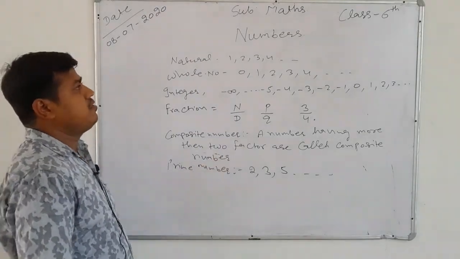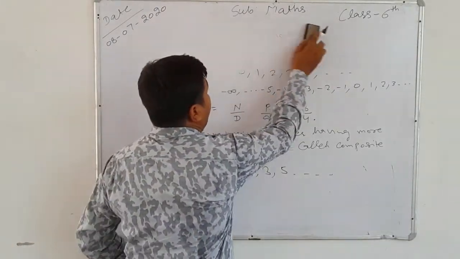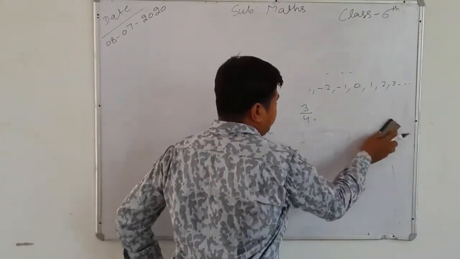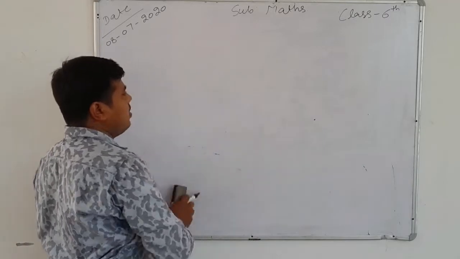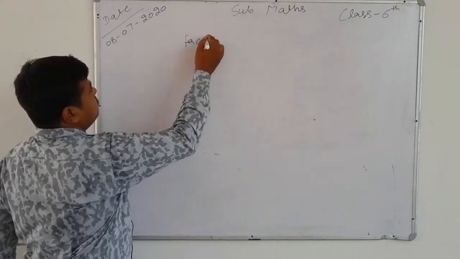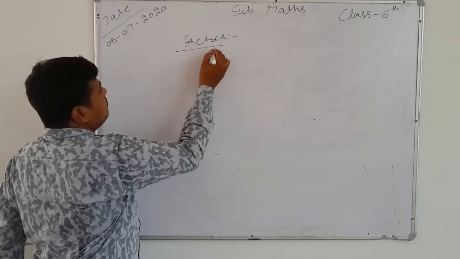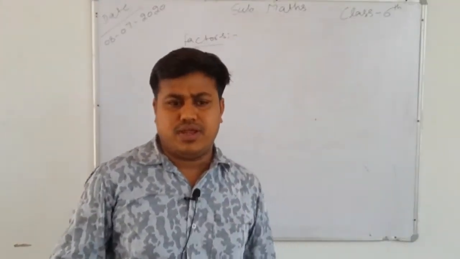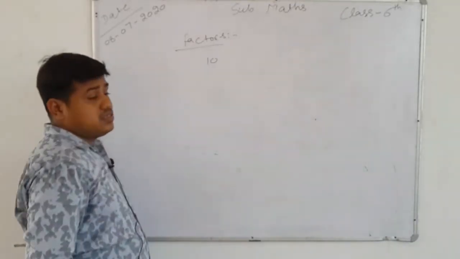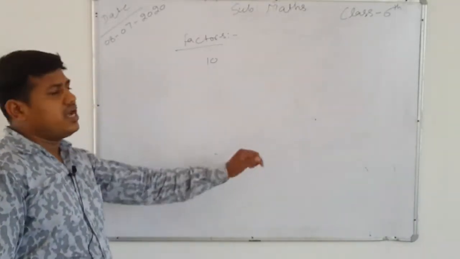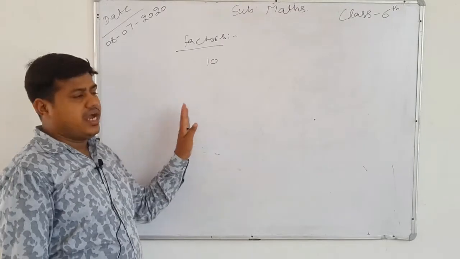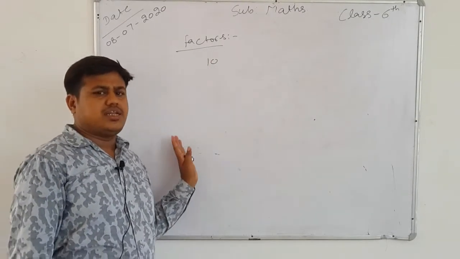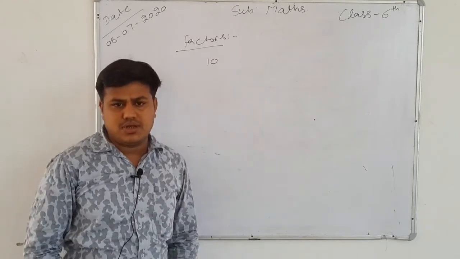So now we will discuss factors. What are factors? How will we find them? If we have to find the factors of any number, like if we choose 10, how will we find the factors of 10? Choose any number; if that number divides 10 completely, it means that number is a factor of 10.